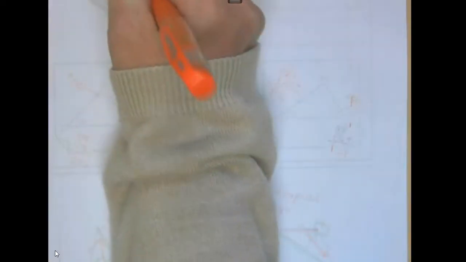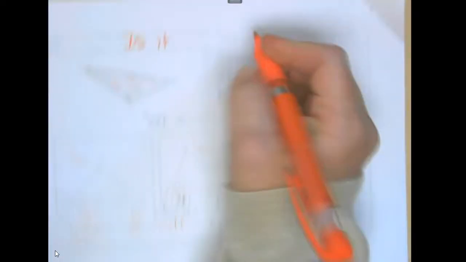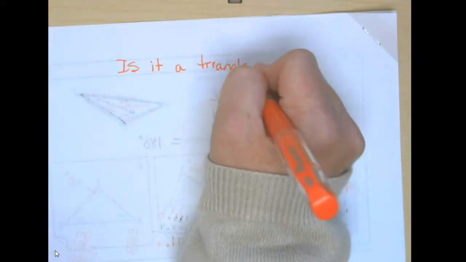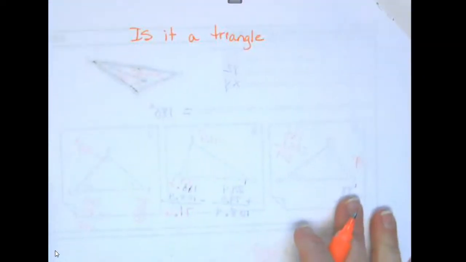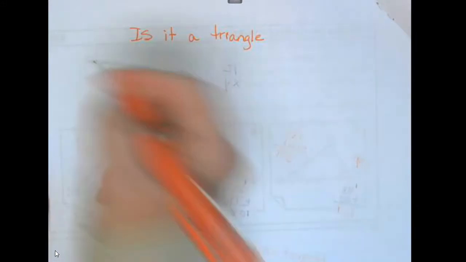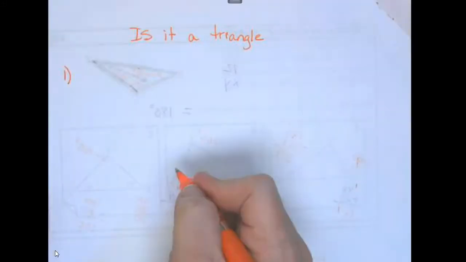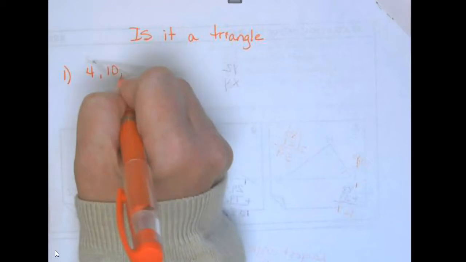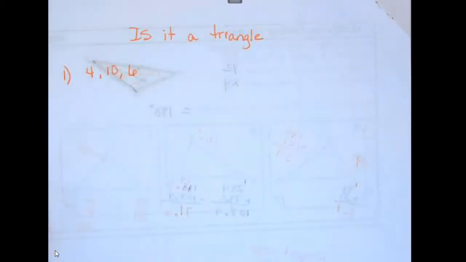Okay, on the very back, on a blank sheet, write, is it a triangle? So you're going to tell me if the side lengths form a triangle. 4, 10, 6.